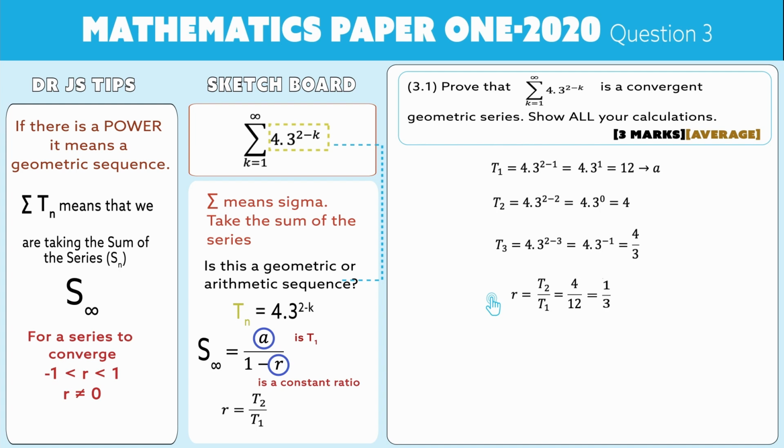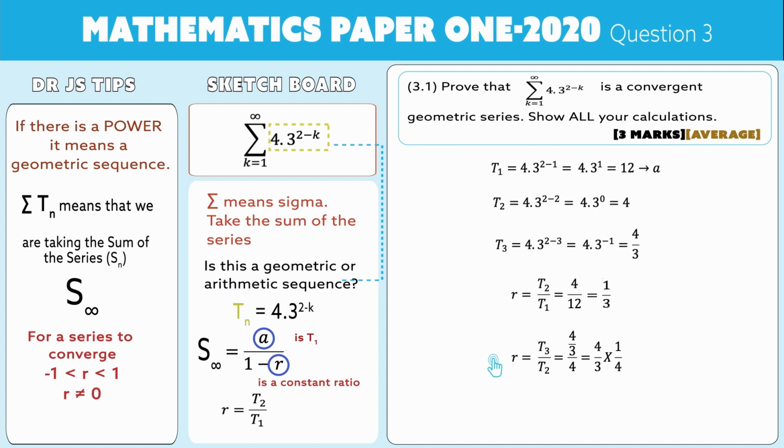Now, if you're not 100% certain, you can also go and check term 3 divided by term 2. But I'm sure you will be fine by only checking the first one. But if you check the second one, 4 over 3 divided by 4 is the same as 4 over 3 multiplied by 1 over 4.